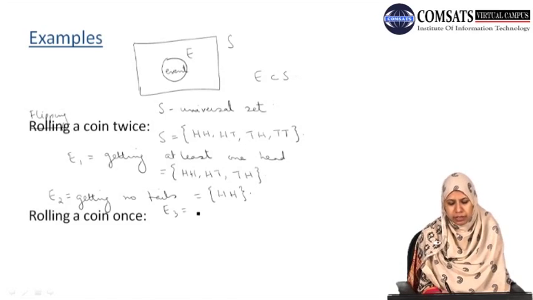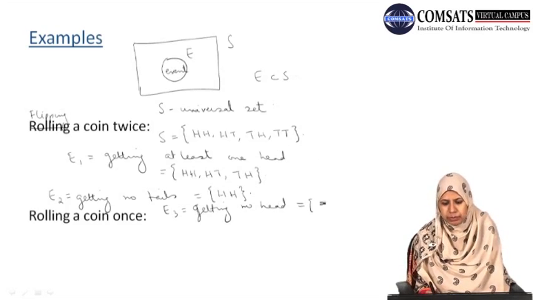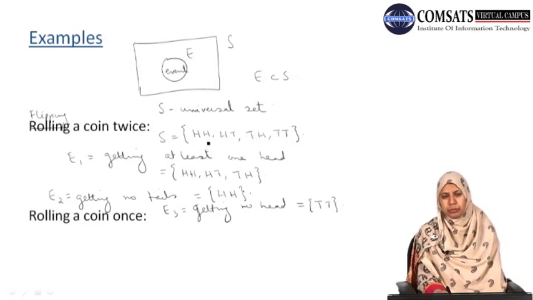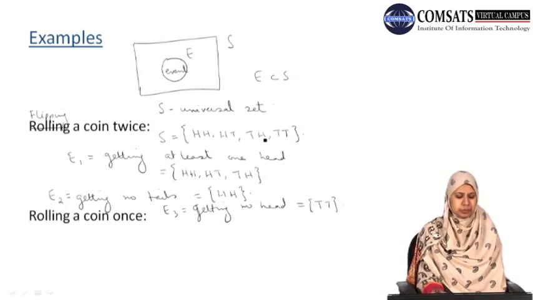We may define another event as getting no head, which means that the possible outcome which will satisfy this condition, or which will come in this subset, will be our outcome tail tail. So this is how we define our event. An event is nothing but the collection of elements from the sample space which satisfy some particular property, and that collection is a set called an event, and it is a subset of our sample space.